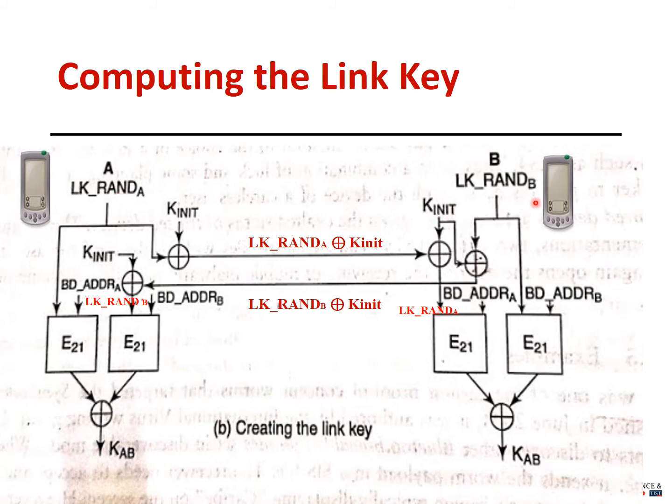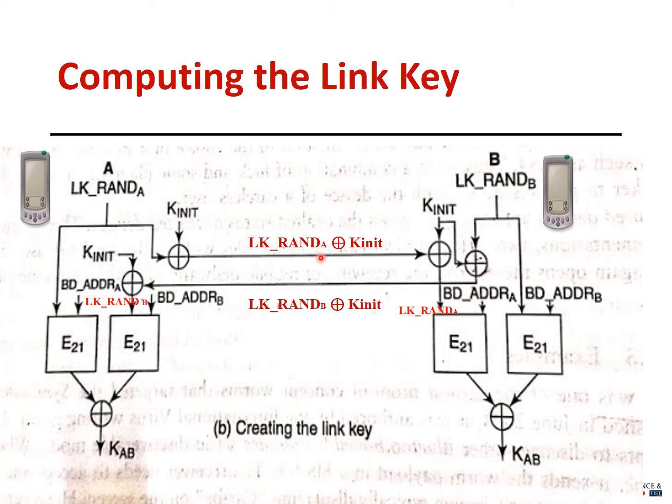That is the link key random number of A and link key random number of B. In the second step, we have seen an XOR operation with the random number and K-init. This is the operation: the random number of A is XORed with K-init, and then the resultant value of this XOR operation is transmitted to B's end.